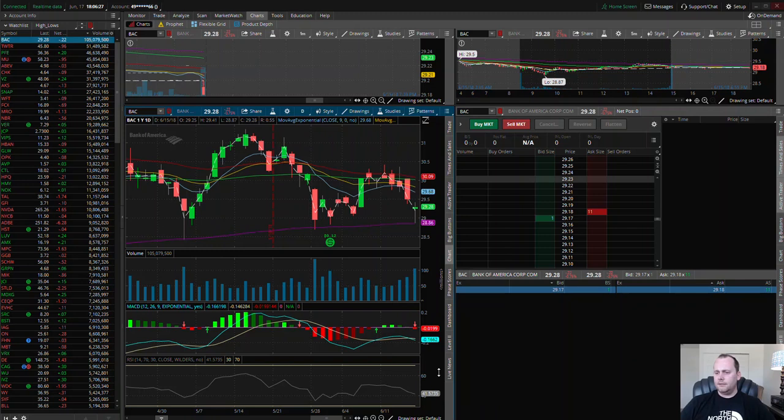Now, what I would do next is look down here at the RSI. Your lower threshold is 30, your upper threshold 70. Once it gets down here to 30, that means it has been oversold and the stock is getting cold. Now, just because it gets cold, does it have to go up?